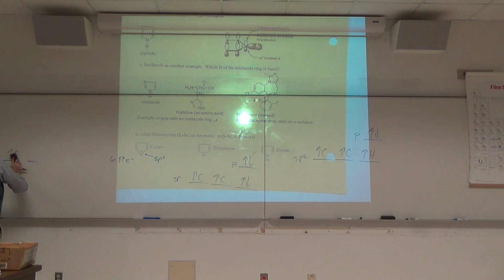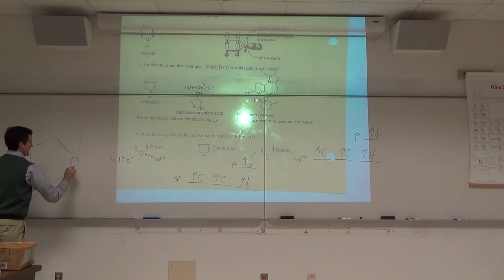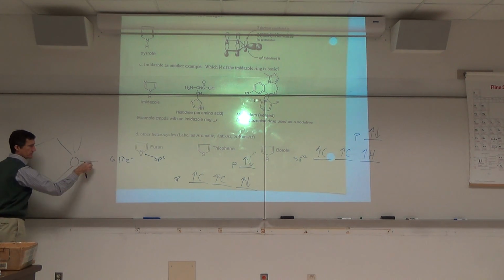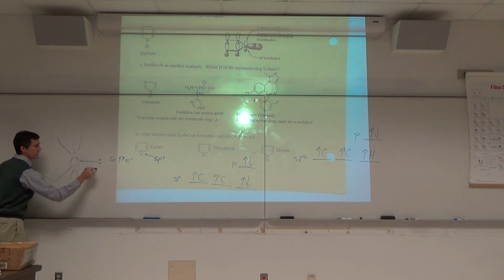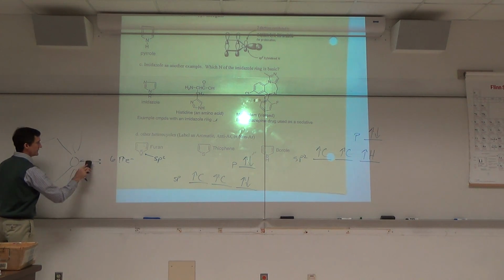If we do an orbital diagram of this, three lines are trigonal planar. There's your 3 hybrid orbitals. Sigma bond to carbon, and this orbital here? That's a lone pair. A lone pair coming out there.